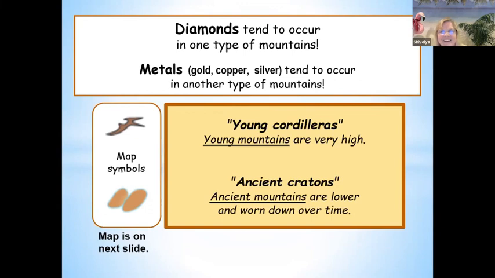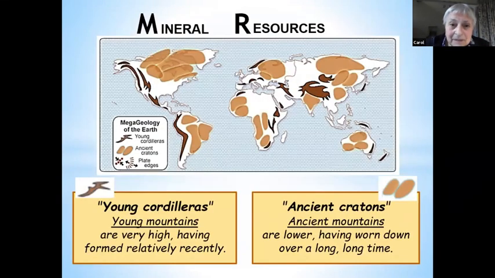Young Cordilleras, Spanish, are the young mountains, which is pretty good because we can remember that South America's high mountains, where Spanish is spoken, are blessed with metals like gold, copper, silver. And then we have the old worn down mountains that don't even look a whole lot like mountains anymore, and they are blessed with diamonds.